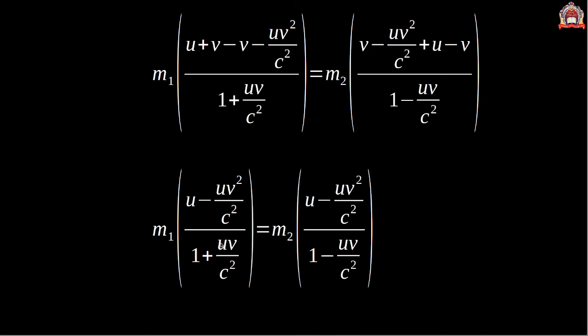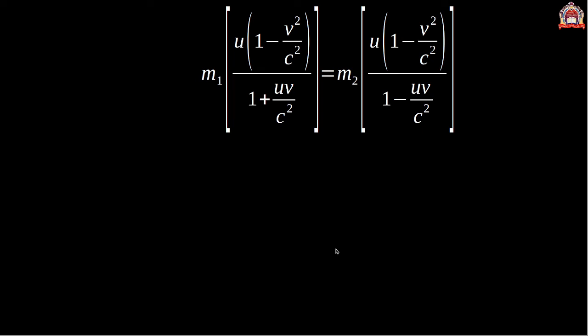In the denominator, there is 1 plus uv by c square on one side and 1 minus uv by c square on the other. Then just simplify it. Taking u outside the bracket, it gives 1 minus v square by c square on both sides.